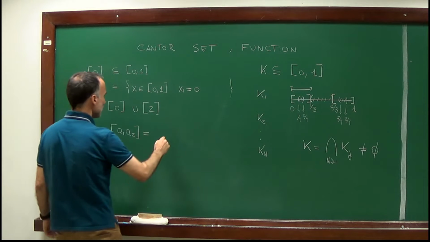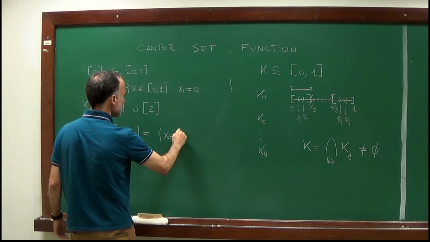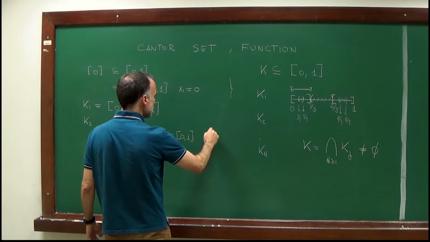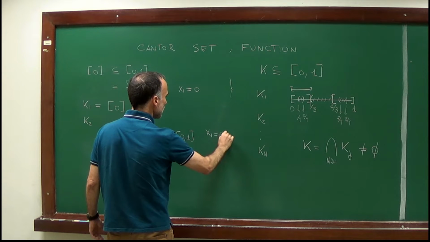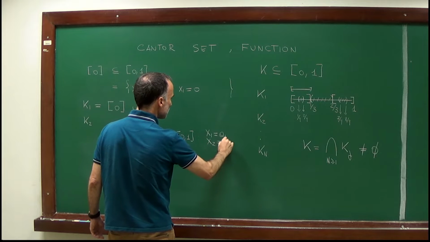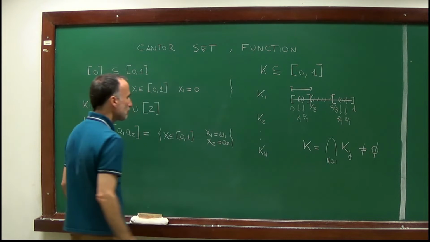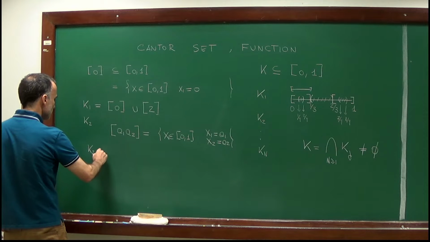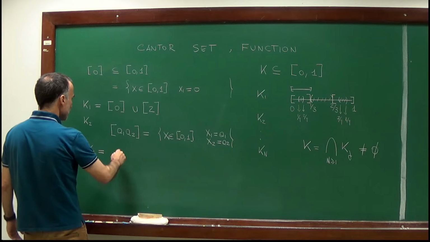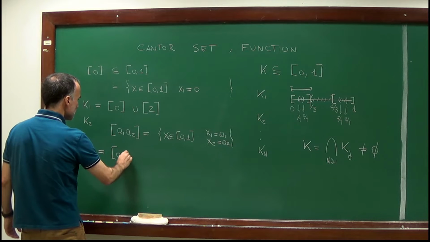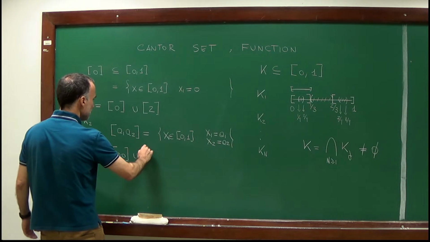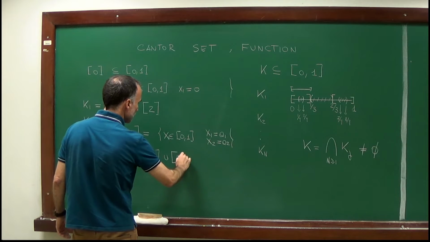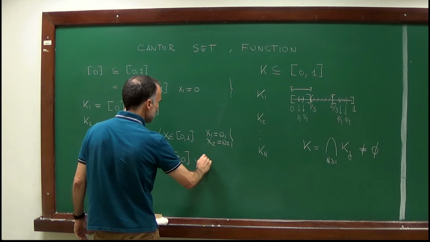These will be the set of points x in [0, 1] such that in its base 3 expansion, x1 is equal to a1 and x2 is equal to a2. And now what I claim is that K2 will be equal to bracket 0,0 union bracket 0,2 union bracket 2,0 union bracket 2,2.